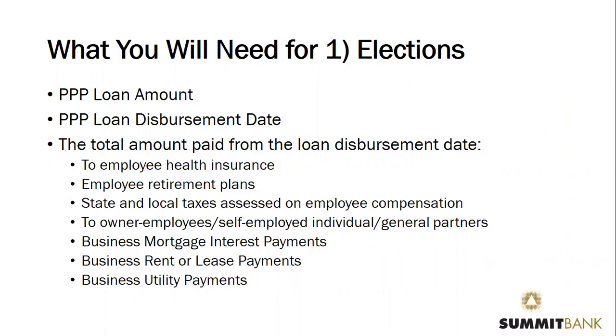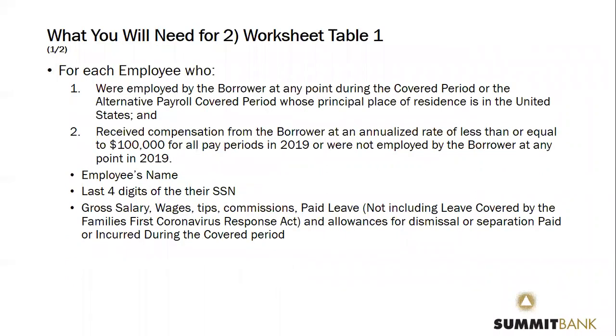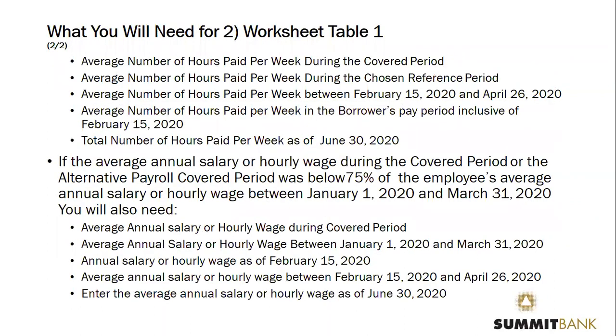Once you have all of that information put in, you'll move on and start putting together the information for all of the employees who worked for you under the covered period. So you'll need all of your employees' names and the last four of their social security numbers. And then you'll also need to know how much they were compensated and how many hours they worked. There are a few different periods that the SBA and the PPP forgiveness package look at, so make sure you know those and you have those payroll reports ahead of time.